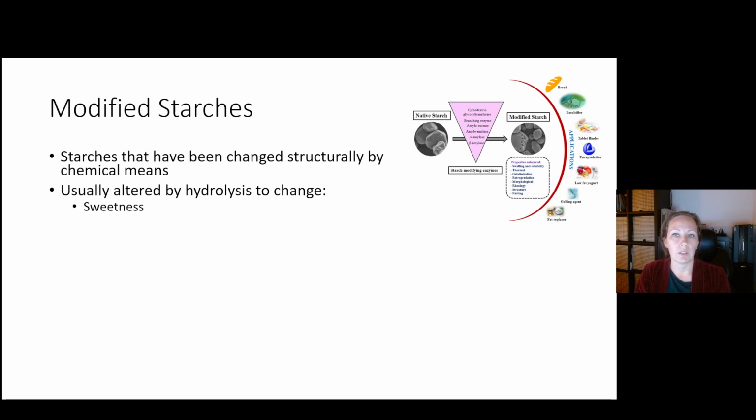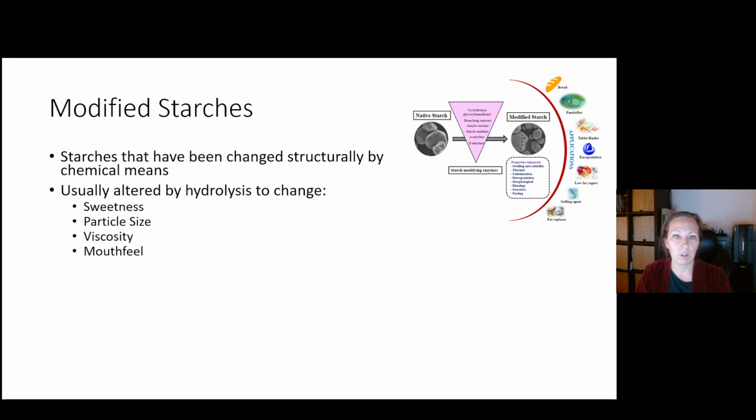There are many things that can be changed for these modifications. So sweetness: generally starches aren't considered sweet, but they could modify the molecule to make it taste a little bit more sweet. Changing up the particle size, the viscosity, whether you want it to be thinner or more viscous, depending on what product you're going to be using it for.